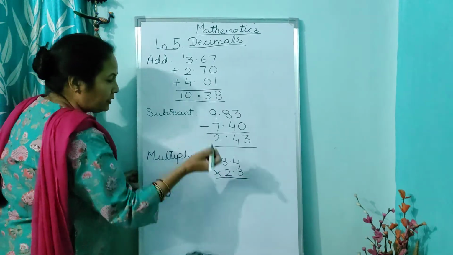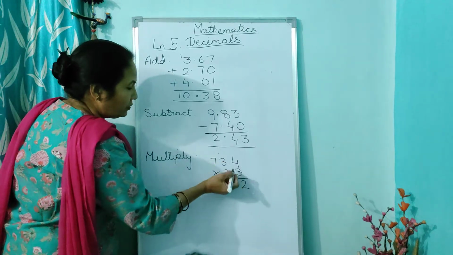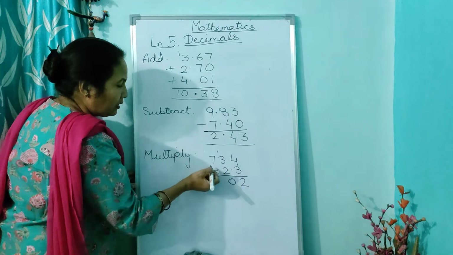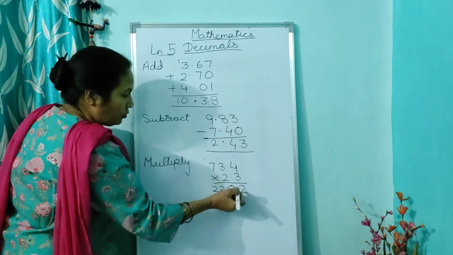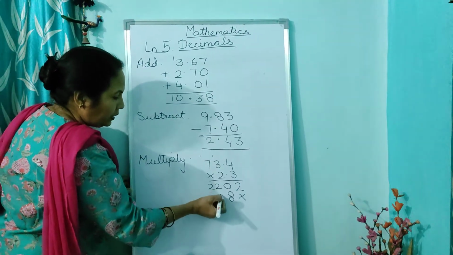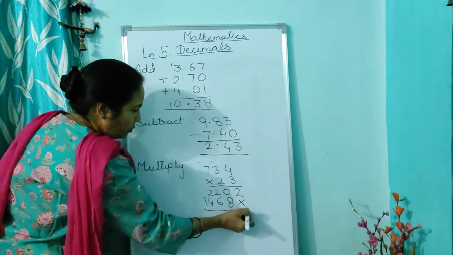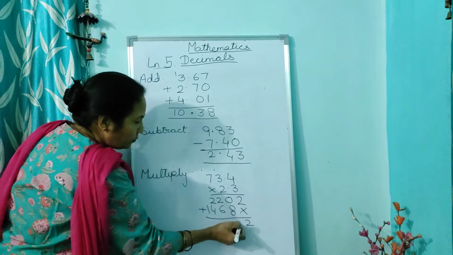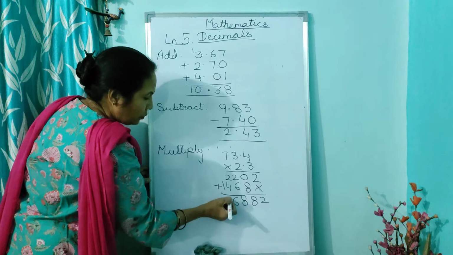Now children, you will multiply. 3 4s are 12, carry 1. 3 3s are 9, plus 1, 10, carry 1. 3 7s are 21 and 1, 22. 4 2s are 8. 2 3s are 6. 7 2s are 14. Now what you are going to do is add 2, 8, 8, 6, 1.